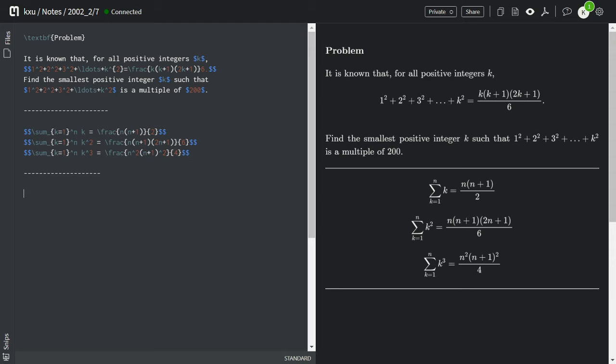Okay, so we want to find the smallest positive integer k such that this formula is a multiple of 200. So this means that k times (k plus 1) times (2k plus 1) over 6 is equivalent to 0 modulo 200.